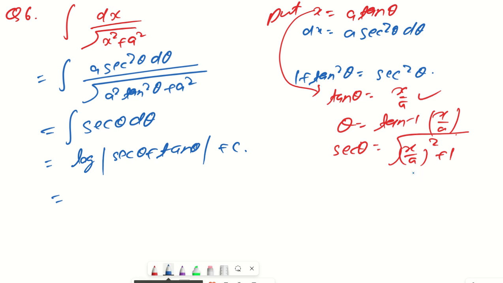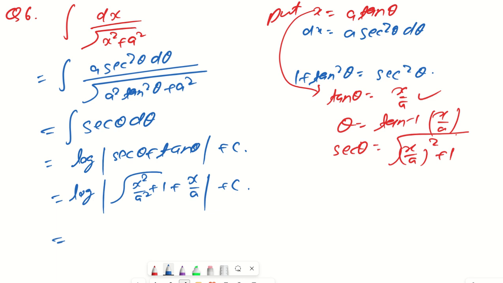Now we are going to replace my values here by x terms. So it is going to be log of square root of x square by a square plus 1, plus x by a. Can we solve this now?